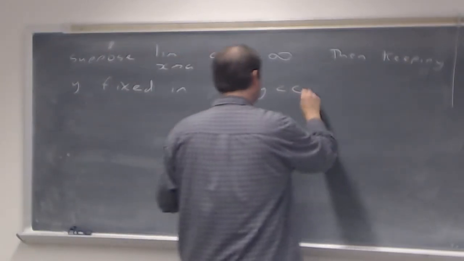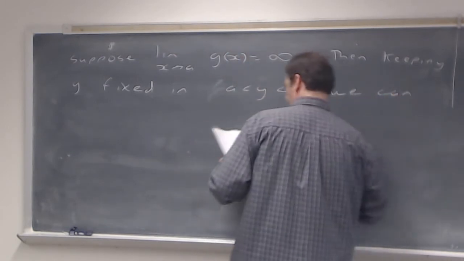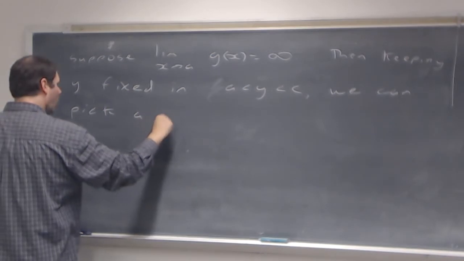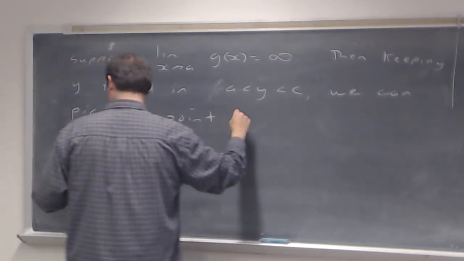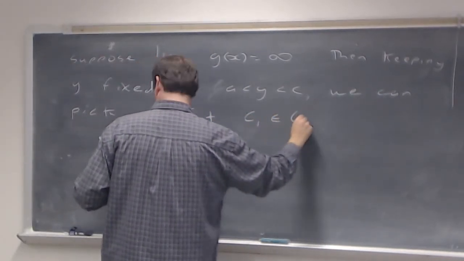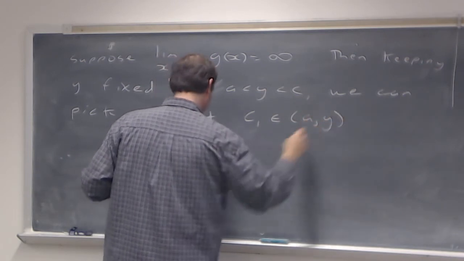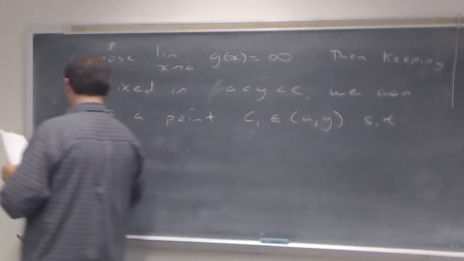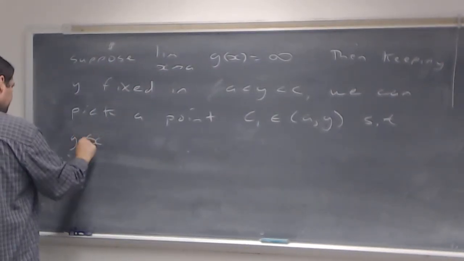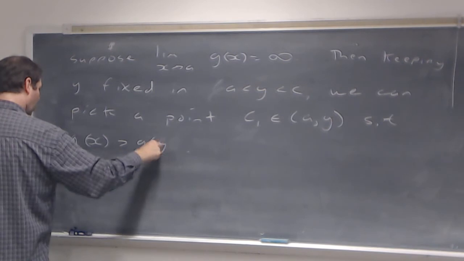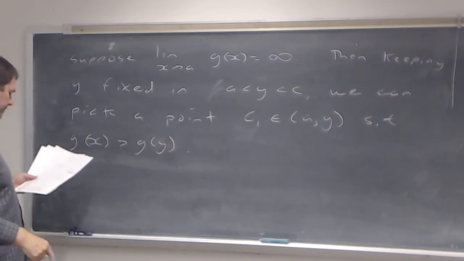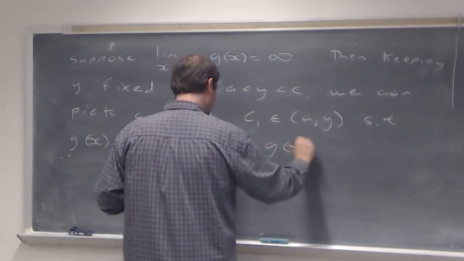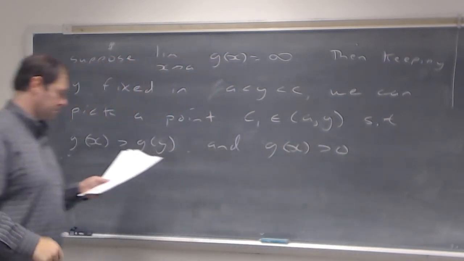We can pick a point c sub 1, an element from a to y, such that g of x is greater than g of y and g of x is greater than 0.